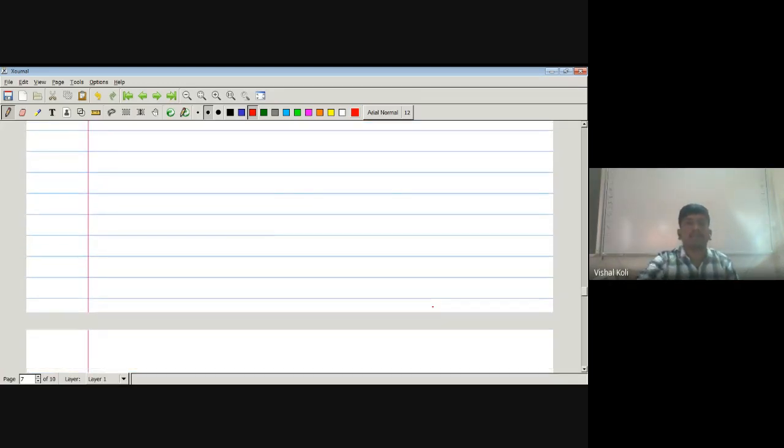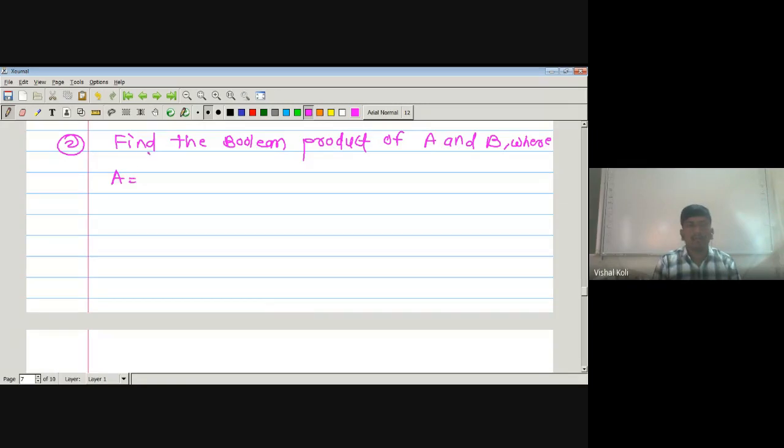Now second example. Find the Boolean product of A and B, where A is nothing but 101, 110, 001 and B is equal to 010, 111, 001.